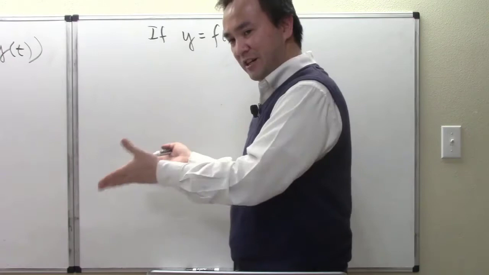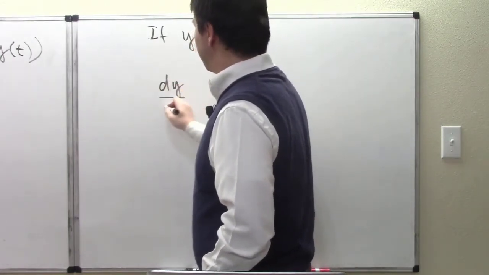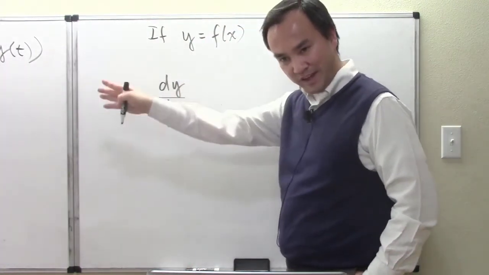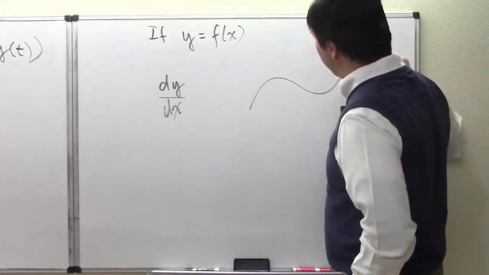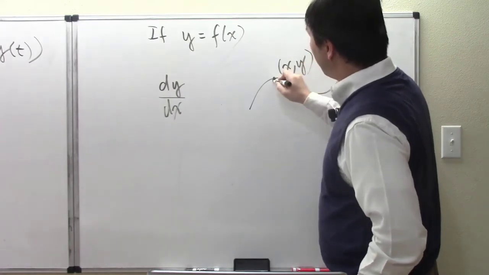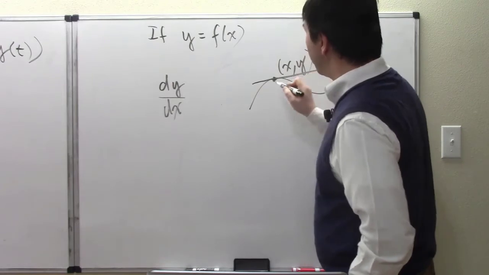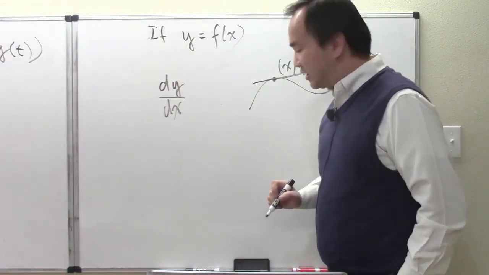Then we already learned earlier that dy/dx is the only way that gives us access to calculating the slope at any point, because any point on a curve is represented by two values, x and y. So to find the slope of the tangent line, we need to find either dy/dx or dx/dy.